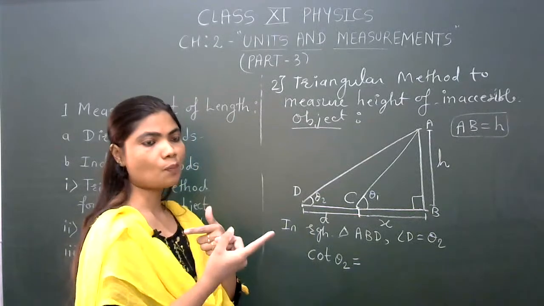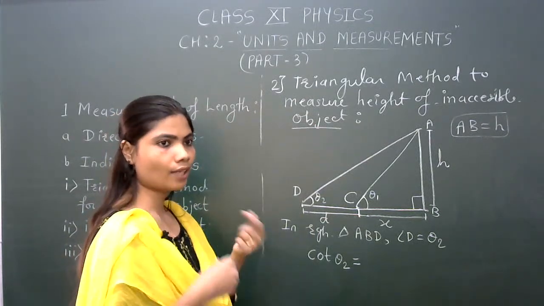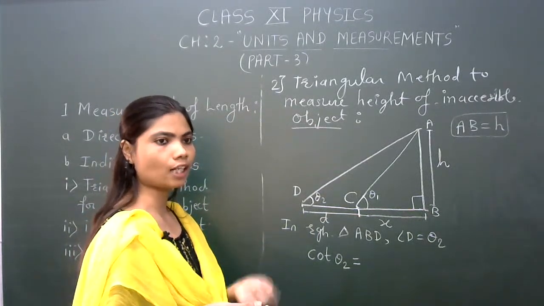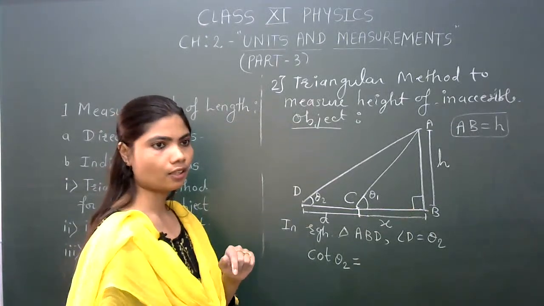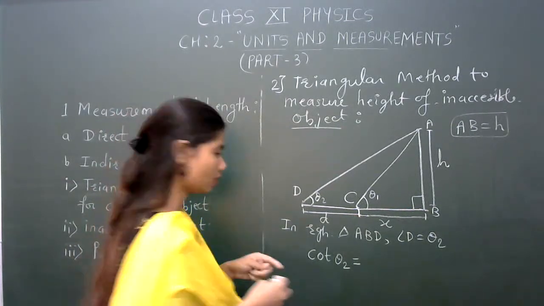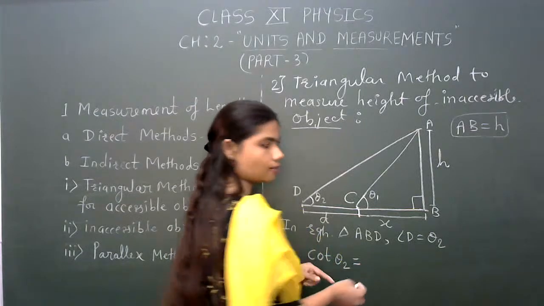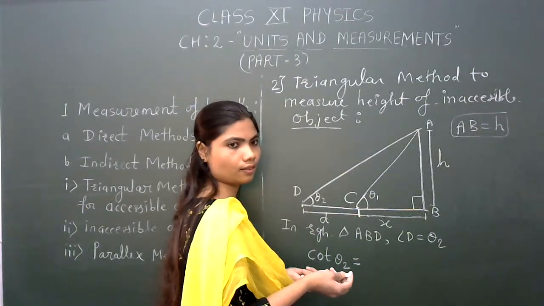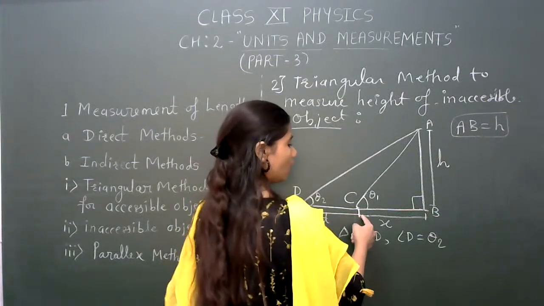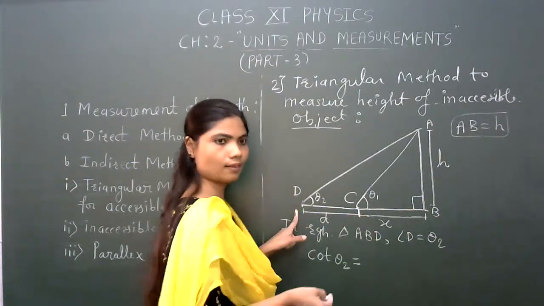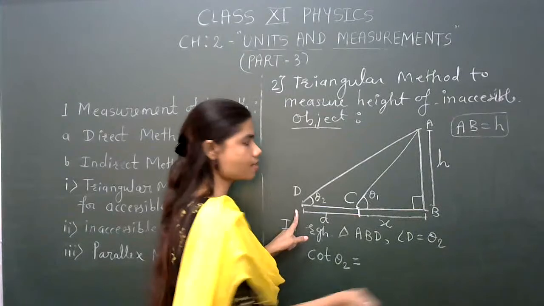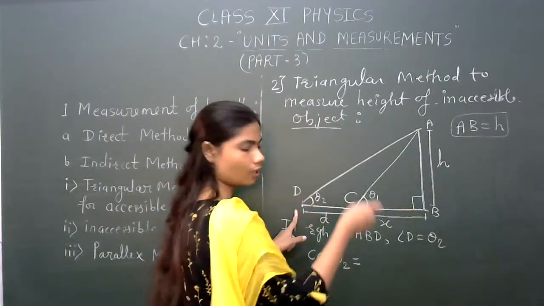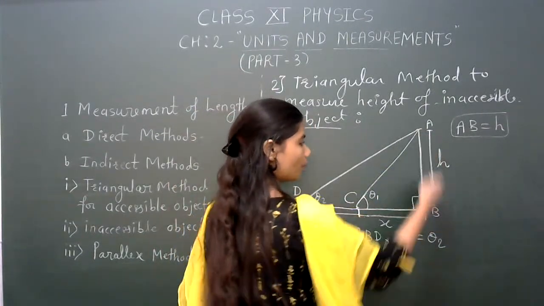What will be cot? Cot is the opposite of tan. We have written the ratio of tan as opposite upon adjacent, so it will be inverted. So your cot can be written as adjacent upon height, meaning here perpendicular, or we can say base upon perpendicular.